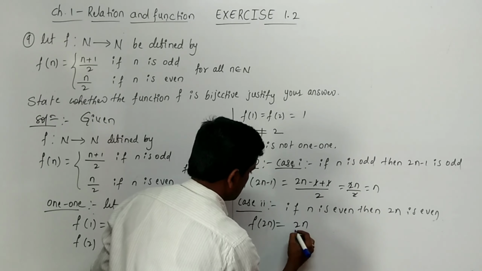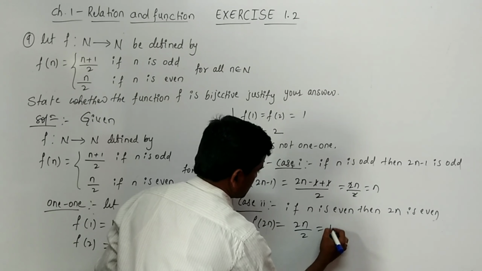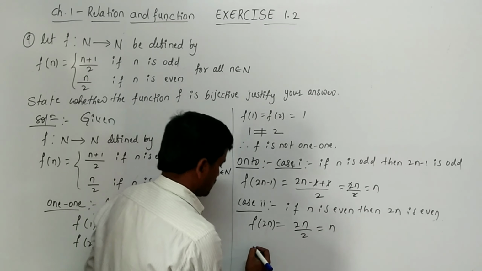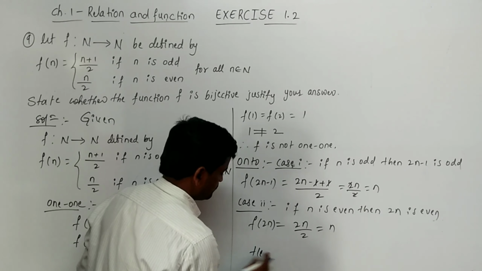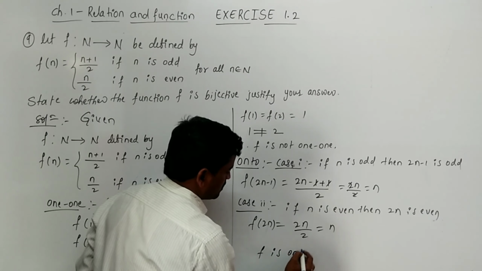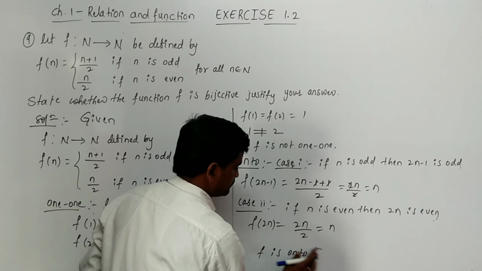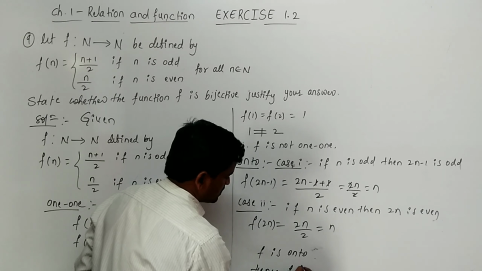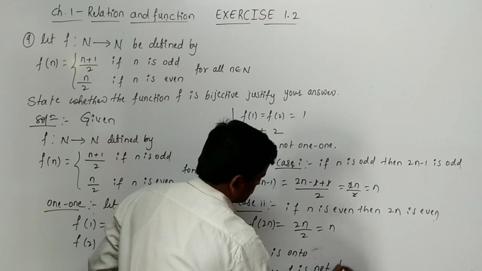Therefore 2n by 2, the 2 cancels, giving n. Therefore f is onto, hence f is not bijective.